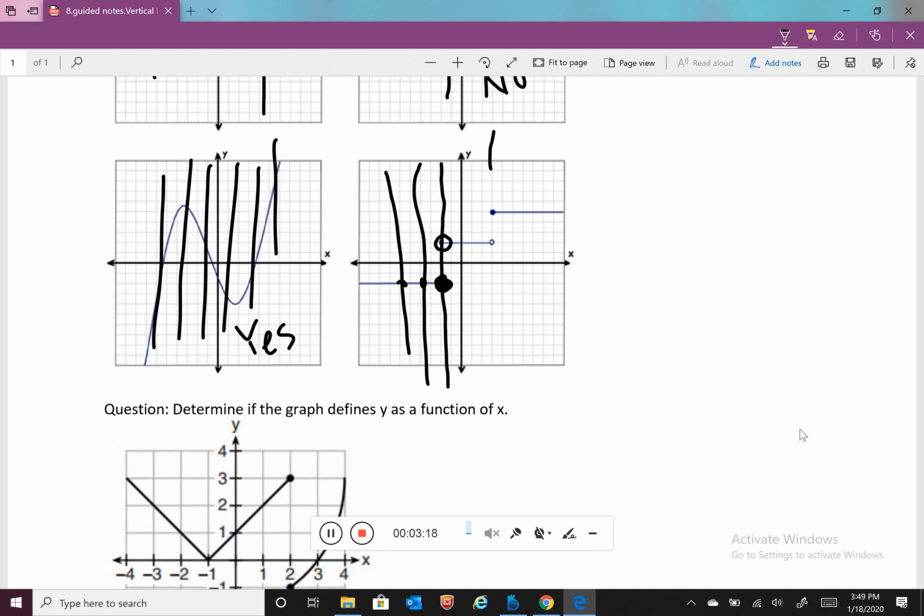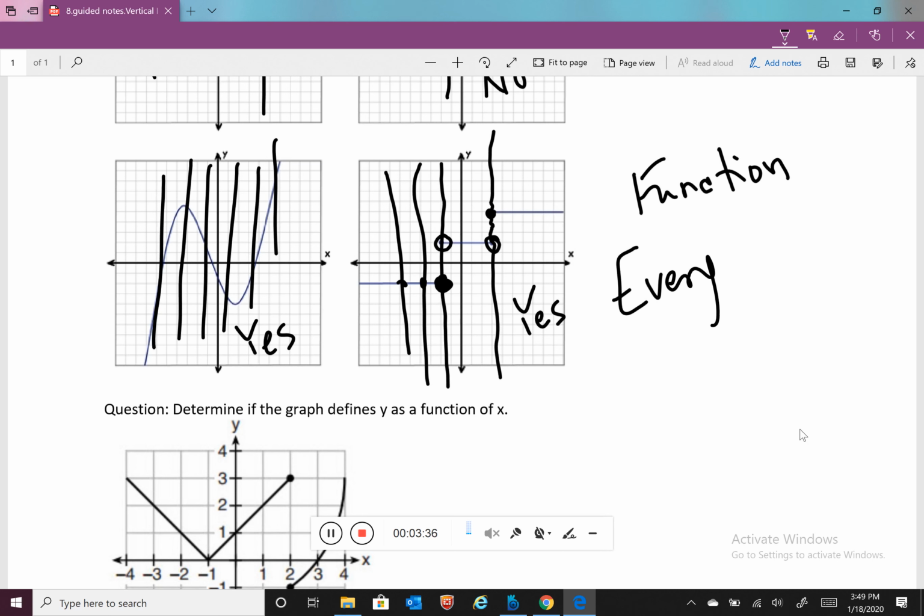When I draw my vertical line here, it hits and then it goes through. So this is a hit, this is a miss. I only hit my function once, so this is also a function. So these 2 graphs are examples of functions because every x value goes to just one y.